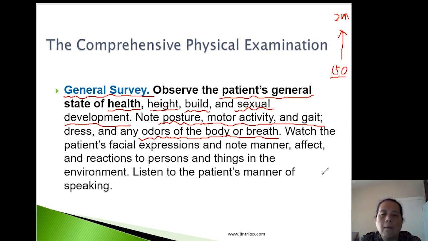We also watch the patient's face, watch the patient's activity, and hear the patient speaking, to see if there is any abnormal situation.